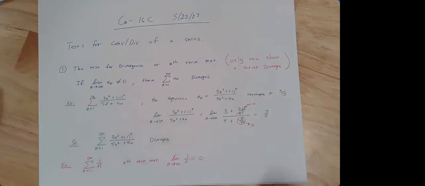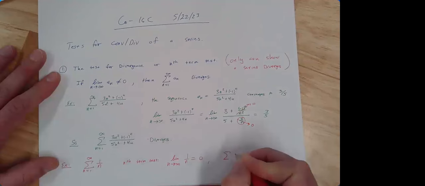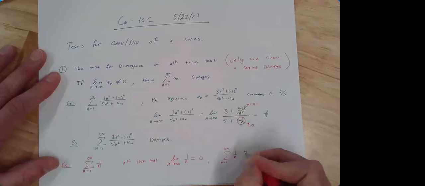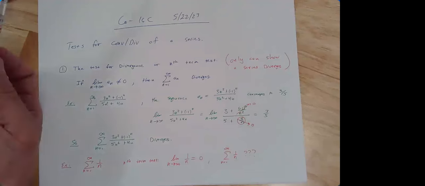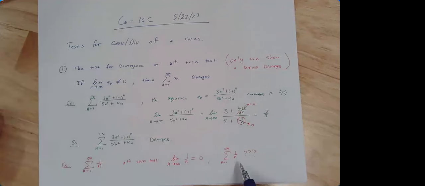And when the sequence converges to 0, it means we don't know anything about the series. Inconclusive. The nth term test is inconclusive for this series. That doesn't mean we can't find out what that series does. It just means the nth term test will not tell us. Instead, for something like this, we would use a p-series, which we'll get to in a minute.